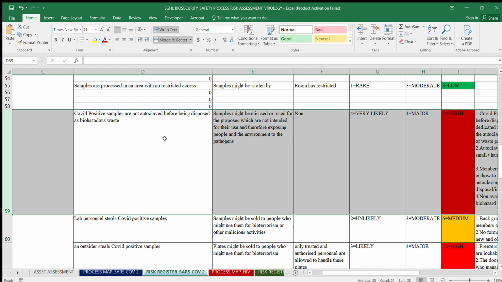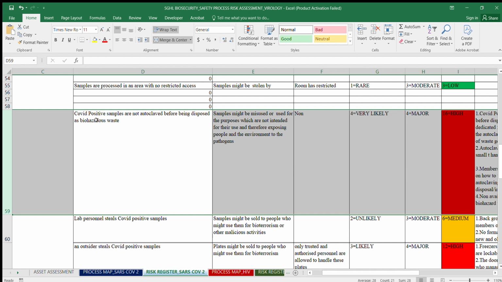We're going to pick this one here, which is a high risk. This is the examination. This scenario can fall both in the examination and the post-examination, or the analytical and the post-analytical. In this case, we are in the register of the SARS-CoV-2.